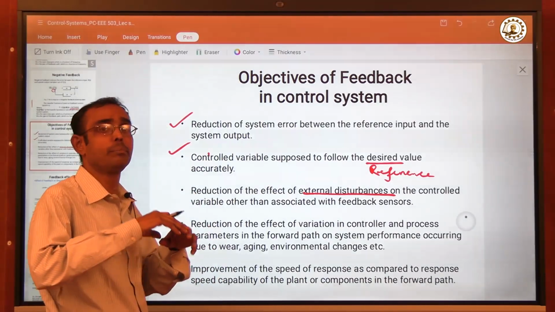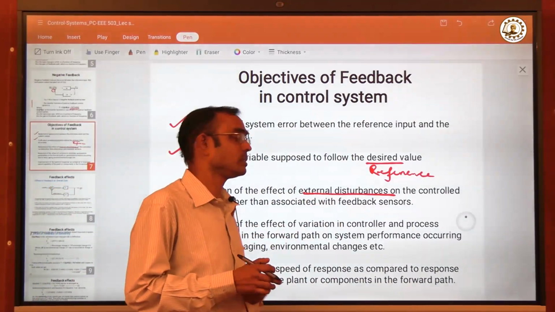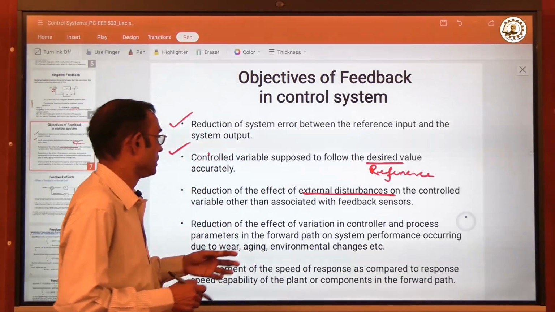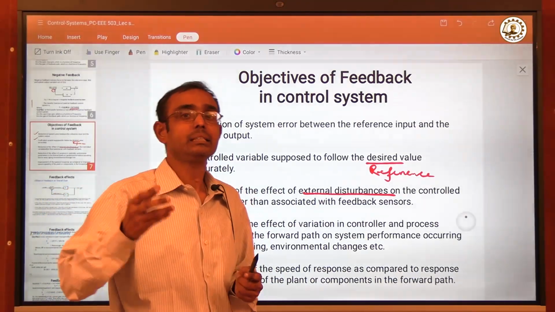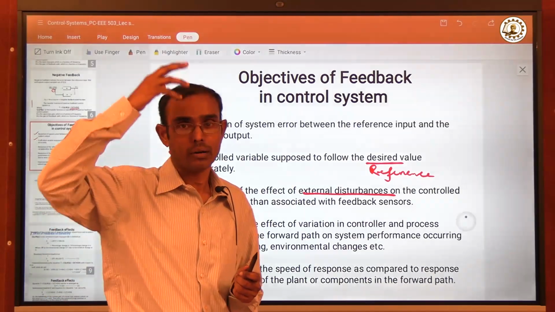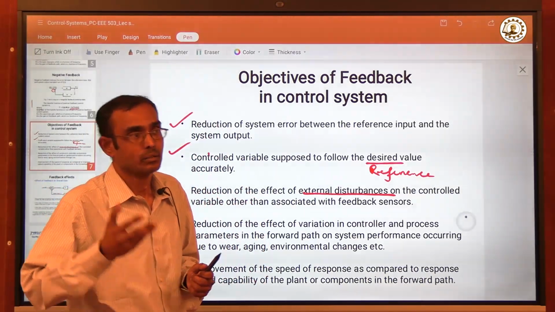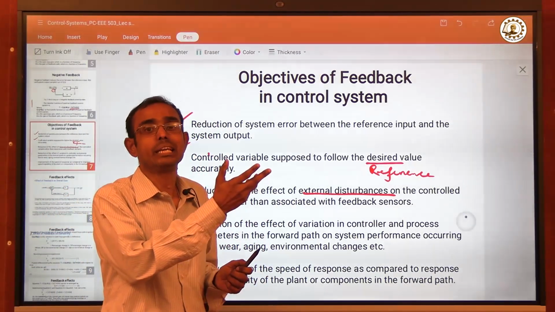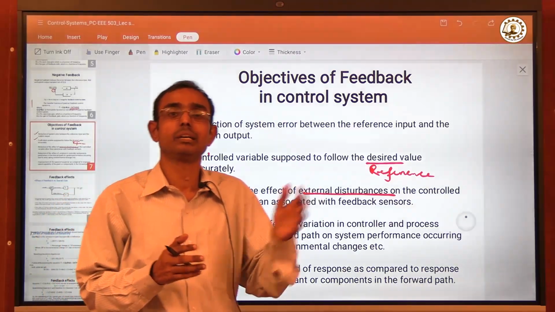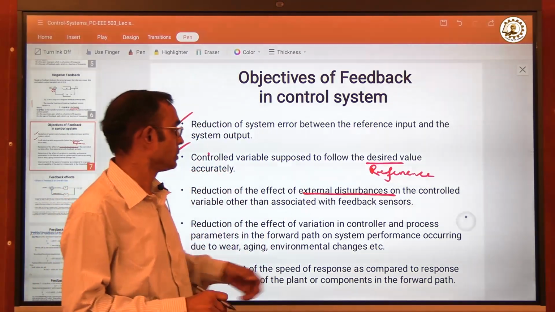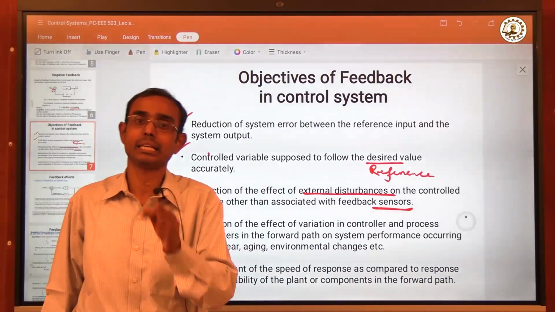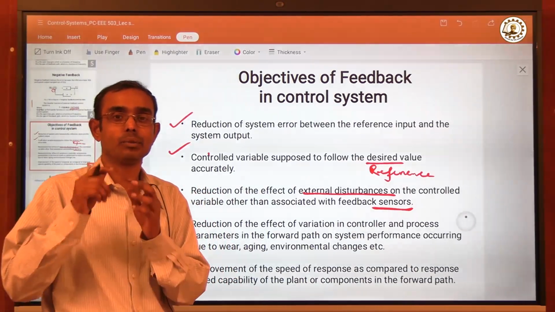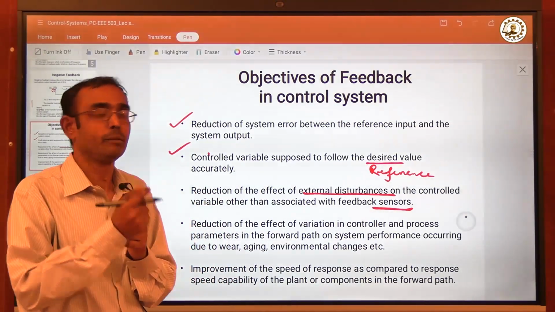Feedback sensors are used for taking the signal sample from the output side and feeding it to the input side for comparison with the reference input.